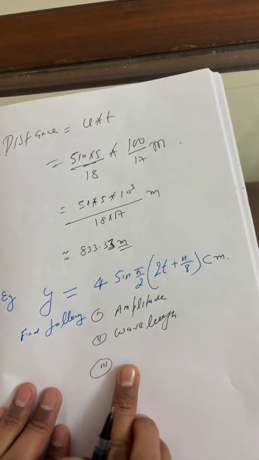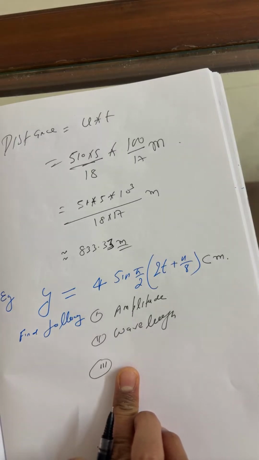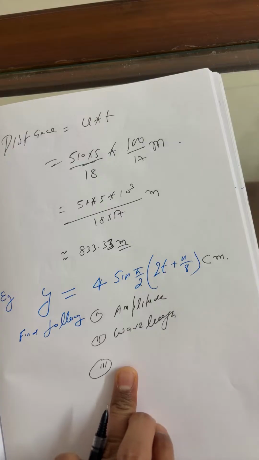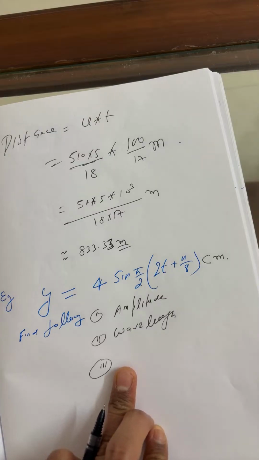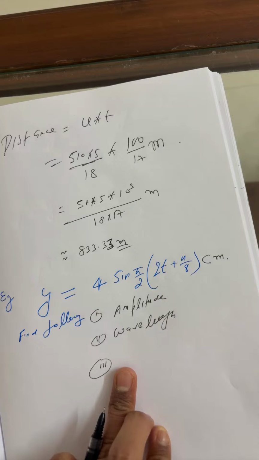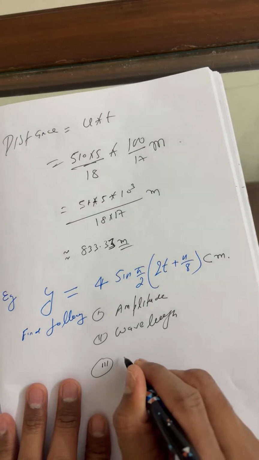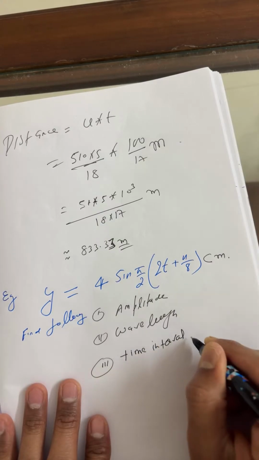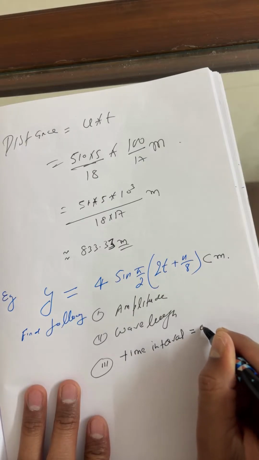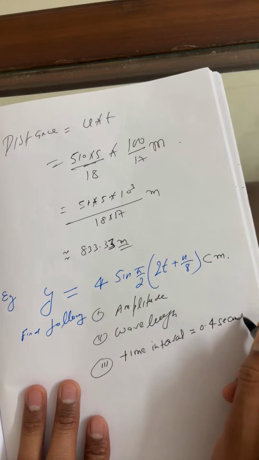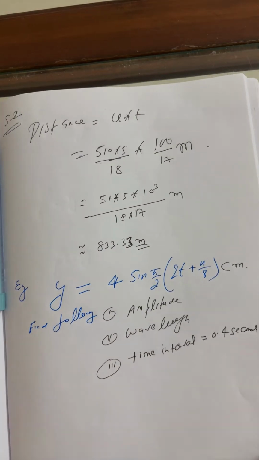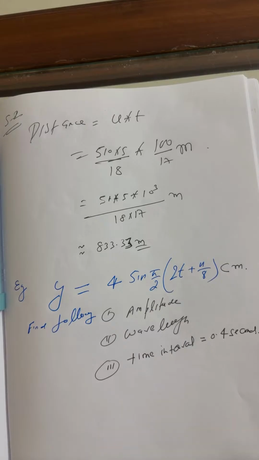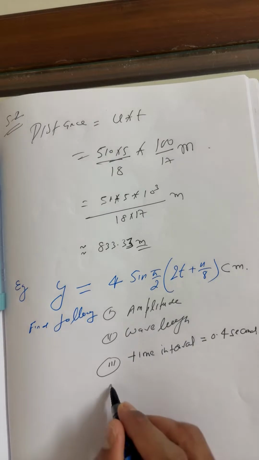The phase difference for two positions of the same particle which are occupied at a time interval 0.4 second apart.